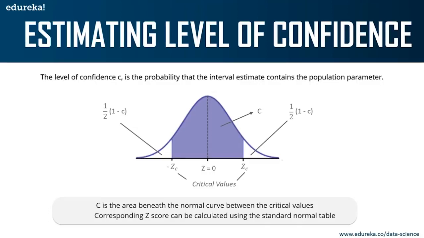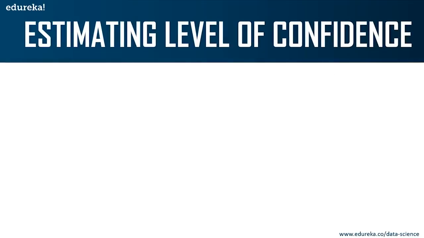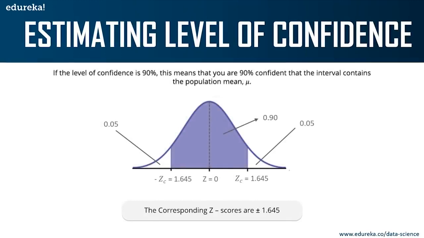Also, there's something known as the z-score. Now this score can be calculated by using the standard normal table. If you look it up anywhere on Google, you'll find the z-score table or the standard normal table. To understand how this is done, let's look at a small example. Let's say that the level of confidence is 90%. This means that you are 90% confident that the interval contains the population mean.